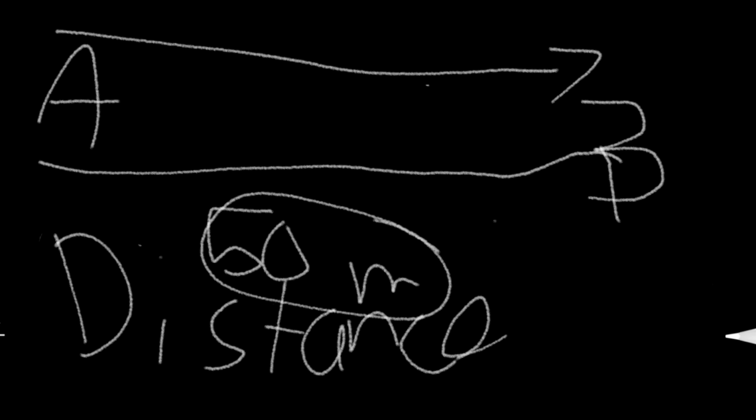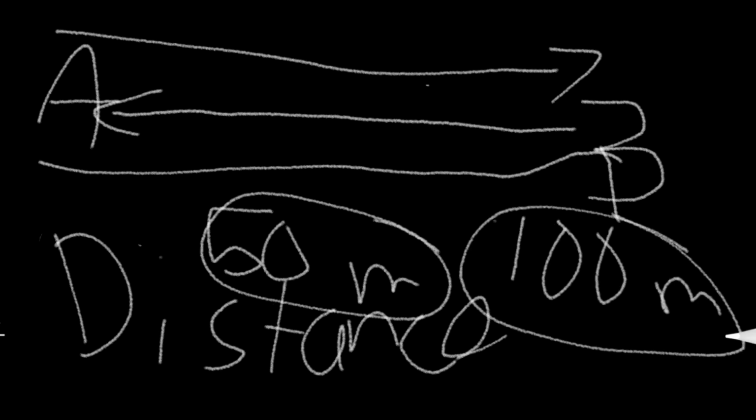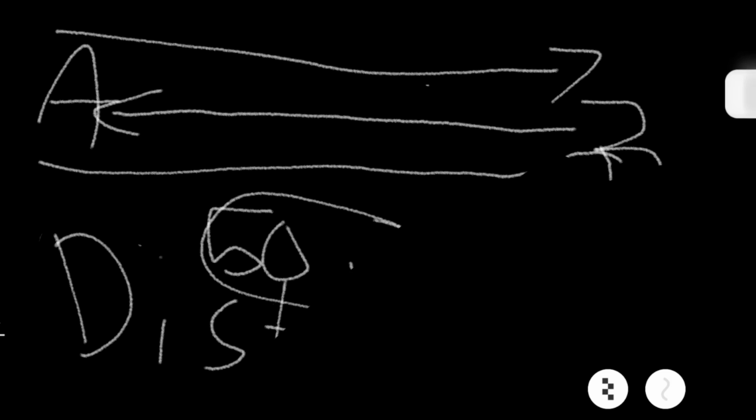Now Bob travels back to point A. What is the distance traveled by Bob in total? That is 100 meters. So distance is just the total measure of the path traveled by an object.